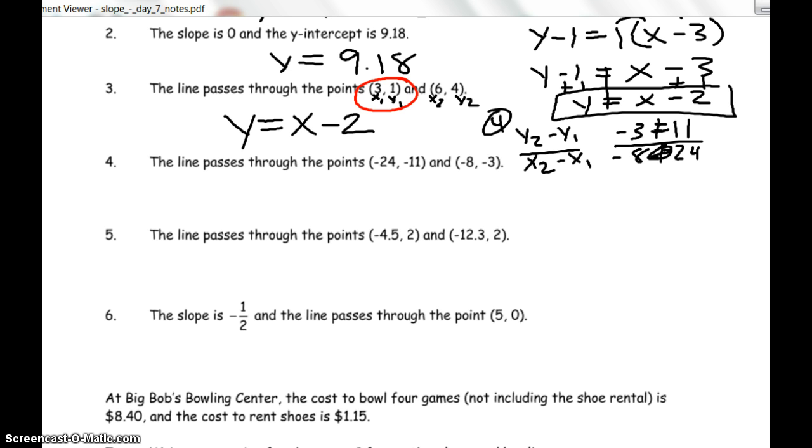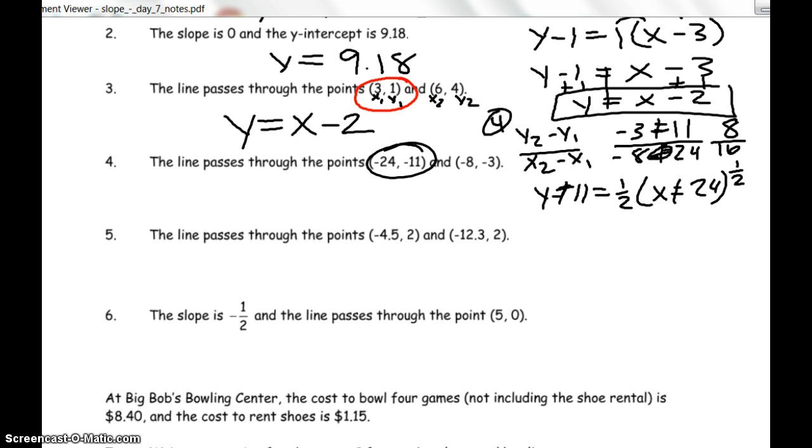And now we have different signs, so we're going to subtract and take the sign of the higher. So 11 minus 3 is 8 over 24 minus 8 is 16, which we can simplify to 1/2. Our slope is 1/2. Using our first point, y minus y1, which is -11, is equal to 1/2 times x minus -24.